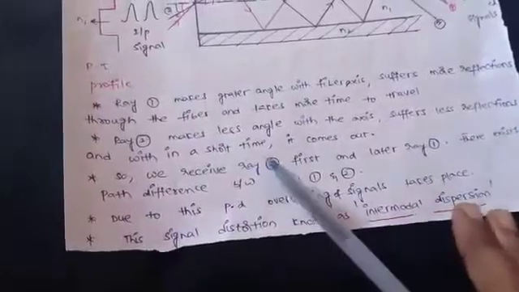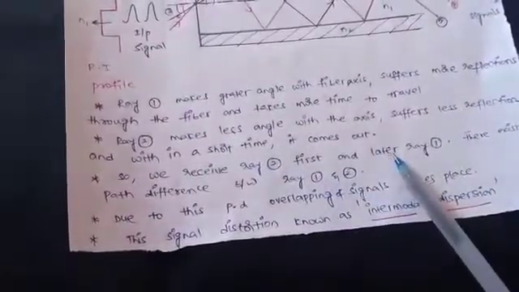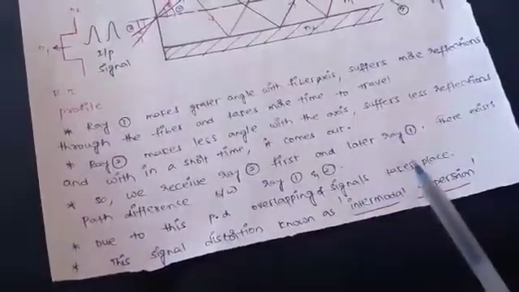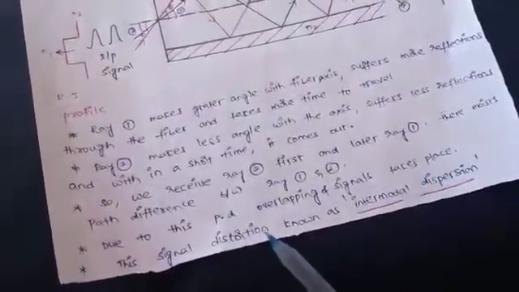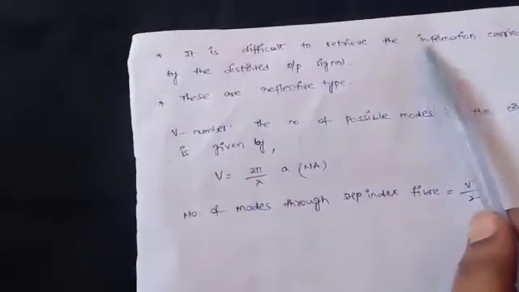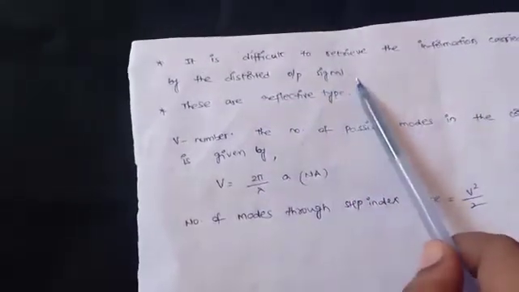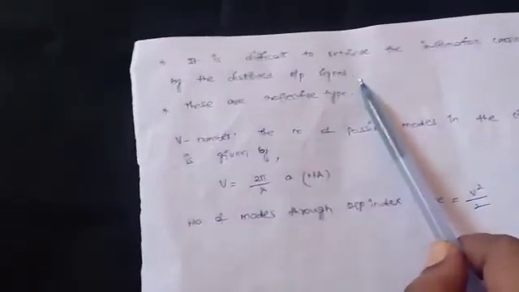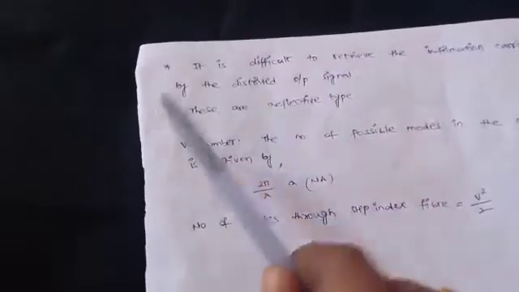So there exists path difference between ray 1 and ray 2. Due to the path difference, overlapping of signals takes place. The signal distortion is known as intermodal dispersion. So it is difficult to retrieve the information carried by the distorted output signal. Why does distortion take place? There is overlapping. Why does overlapping take place?